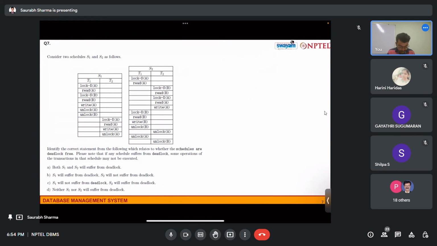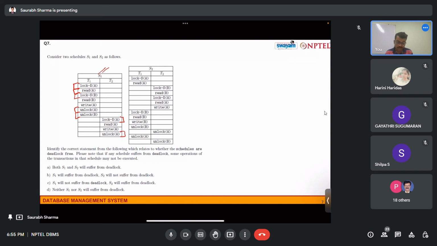Next, we have to comment on the deadlocks: whether they will be there in S1 or S2 or not. In the S1 schedule, T1 first takes the exclusive lock on A, then reads A, then takes an exclusive lock on B, then unlocks A, then unlocks B. Then T2 takes an exclusive lock on A, then unlocks A. So there is no condition where deadlock can occur.